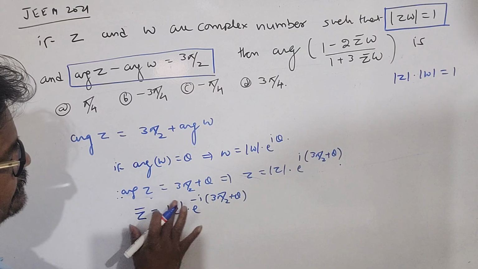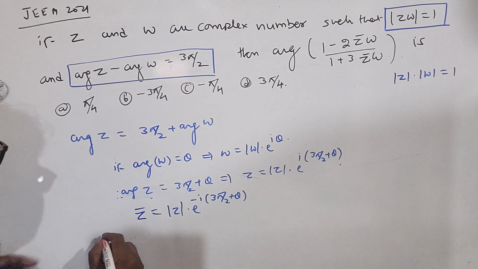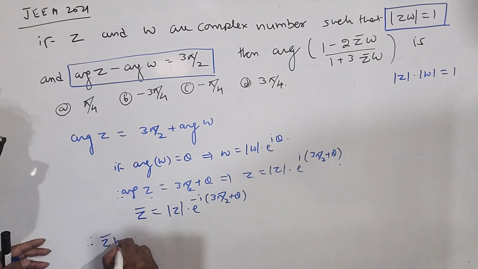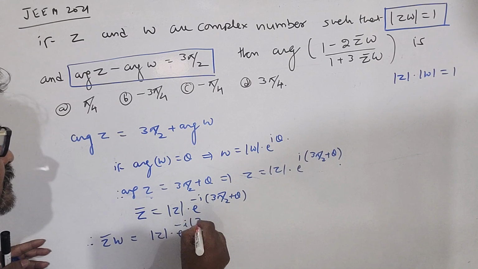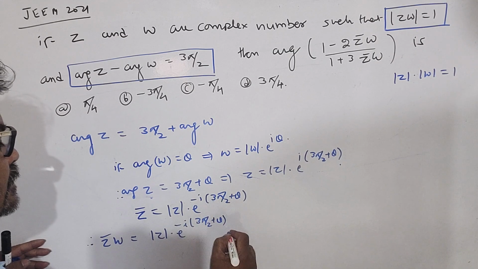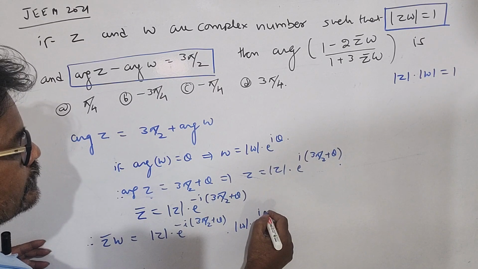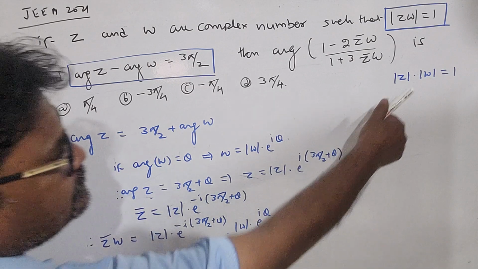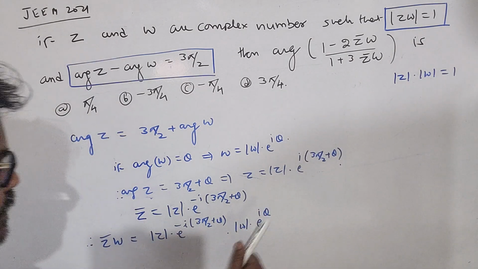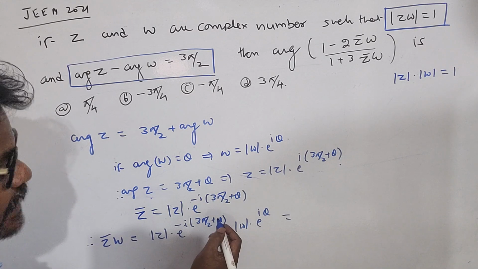So therefore I can write Z conjugate into W as modulus of Z into e to the power minus i (3 pi by 2 plus theta) into modulus of W into e to the power i theta. Fine. So modulus of Z into modulus of W is equal to 1.